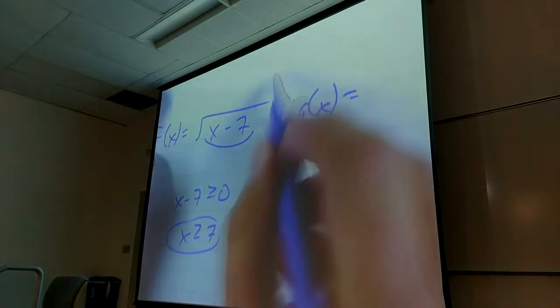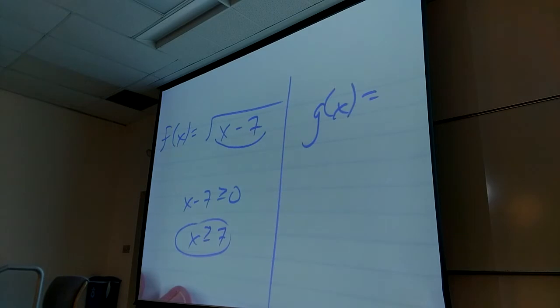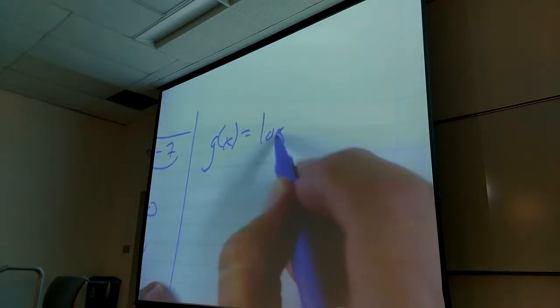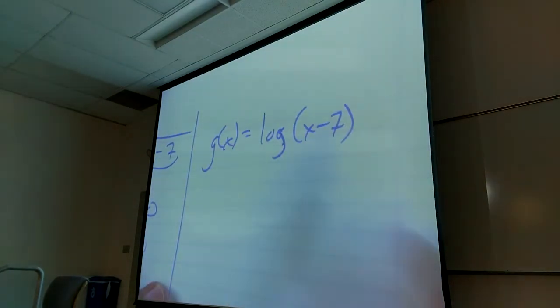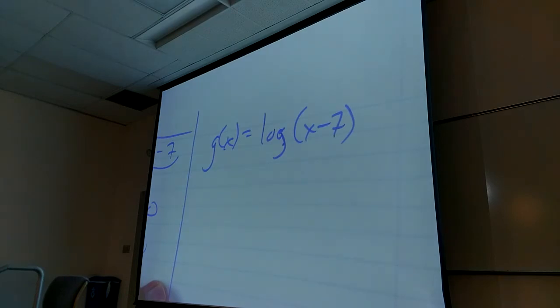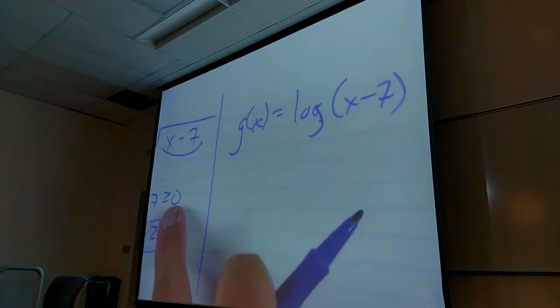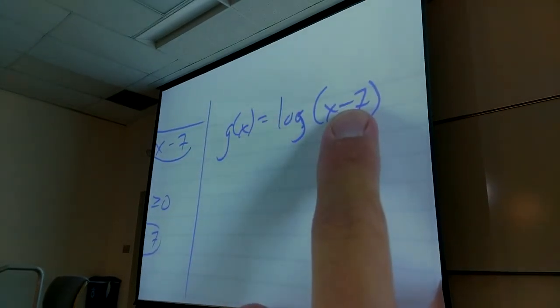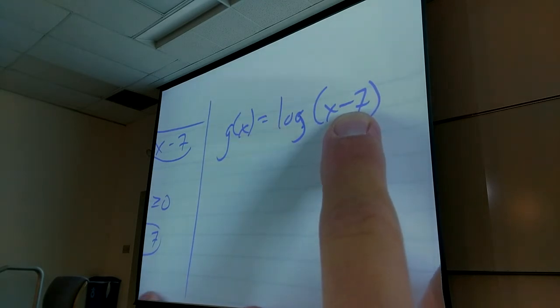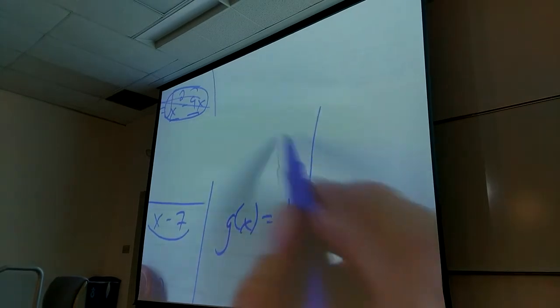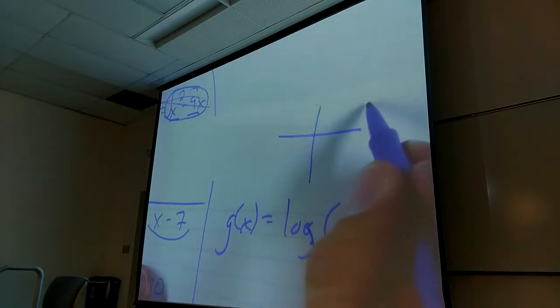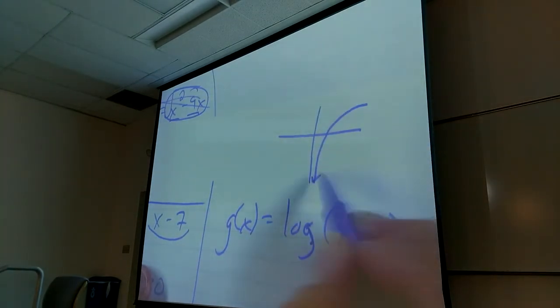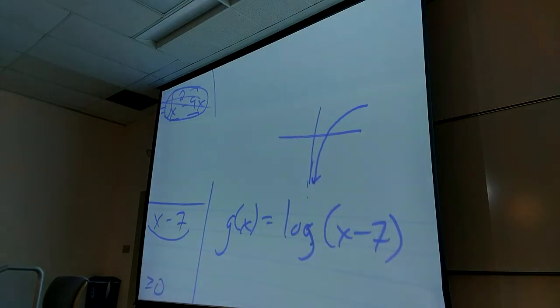All right, now watch. What if the function was instead log of x minus 7? It's not exactly the same idea. Can the inside be 0? No, because remember, what's a log look like? There's an asymptote here at 0. It never gets to 0.